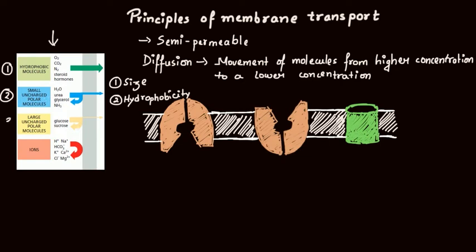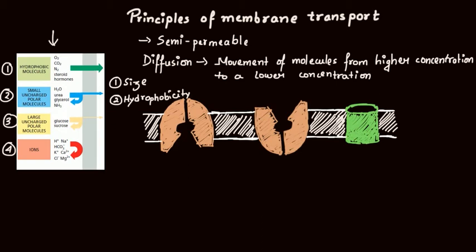After that, second comes the small uncharged polar molecules like water, urea, glycerol, and ammonia. Then come the large uncharged polar molecules, which are not that much permitted inside the cell, but they can be moved inside or outside the cell through certain proteins, which we are going to talk about in a moment. And lastly, the ions.